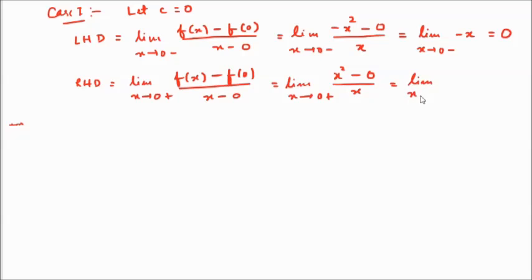That means this is limit x tends to 0 plus of x, again we get this as 0. Therefore I can write left hand derivative is equal to right hand derivative is equal to 0, which is some finite number. This 0, I can say this is equal to f dash of 0. How?